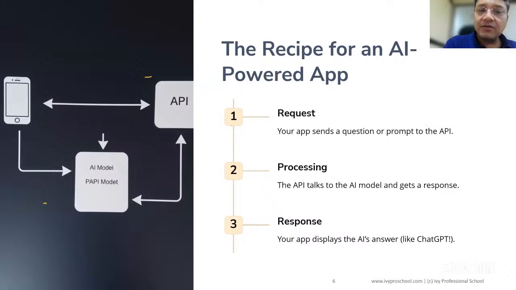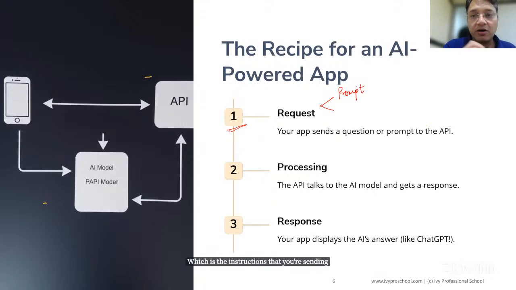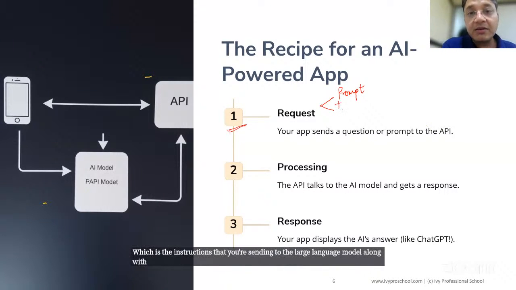But let's say the first step is to send a request. A request generally has two components. One is the prompt, which is the instructions that you're sending to the large language model, along with some data. Now, the prompt is mandatory, data is optional.